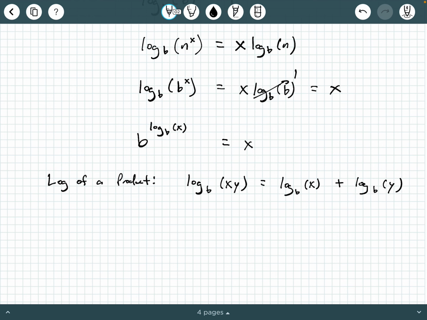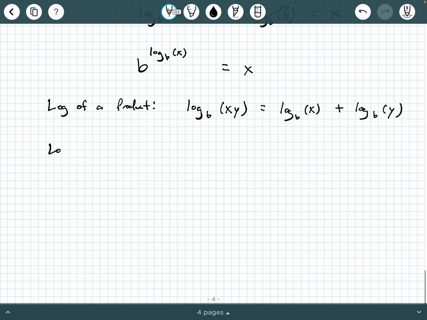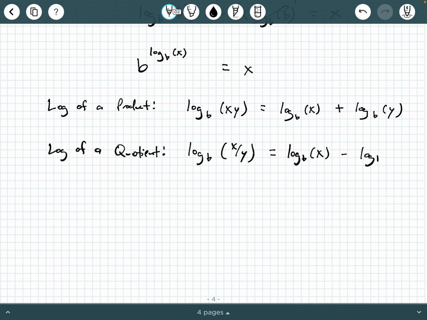All right. We also have log of a quotient. So log of a quotient would be like log base b of x divided by y equals log base b of x minus log base b of y.